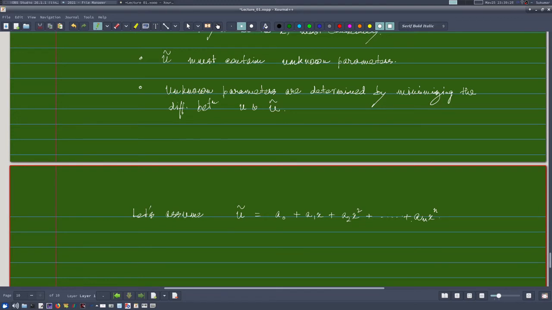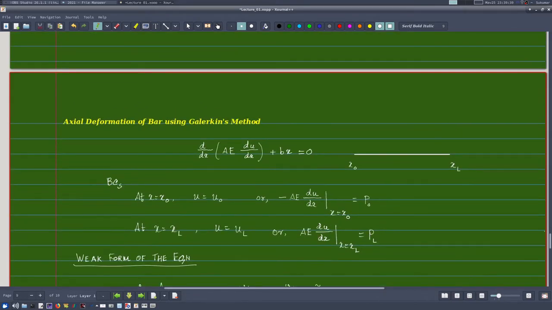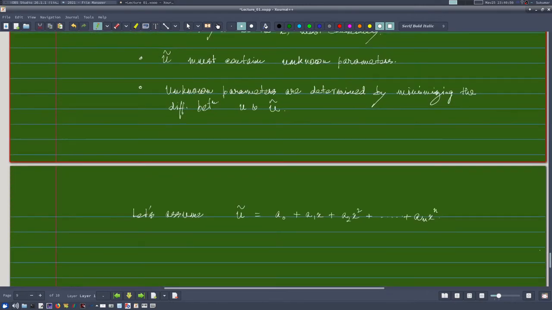Now in general, since it is an approximate solution, this solution will not fulfill the differential equation at all the points within the domain. That means between x0 and xl. This is my solution domain, x lies between x0 and xl. Now this U tilde or the approximate solution will not fulfill the governing differential equation at every point in the domain between x0 and xl.